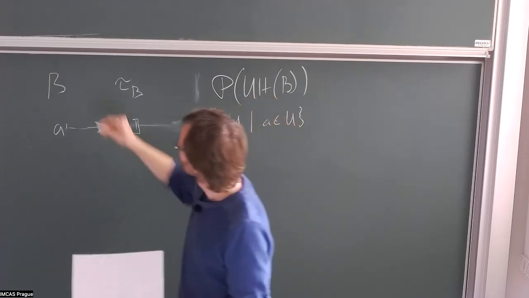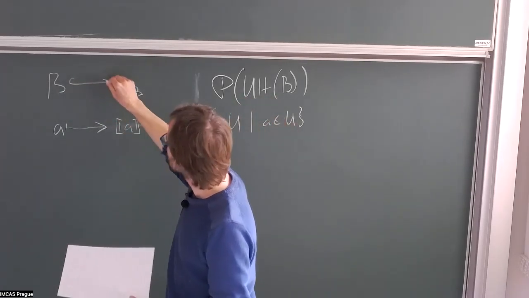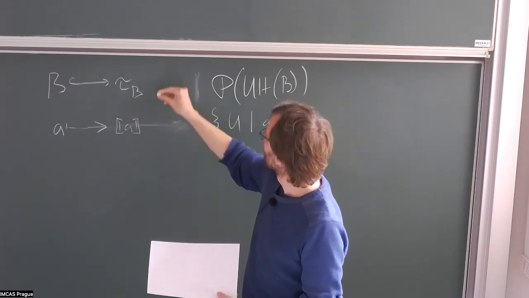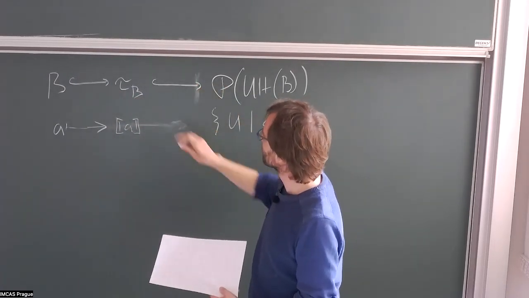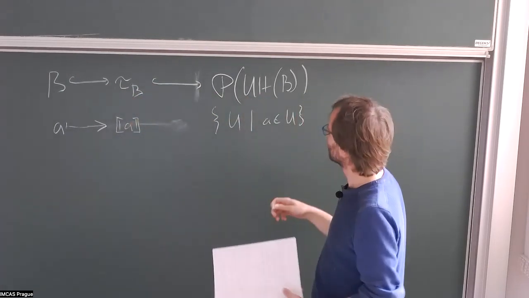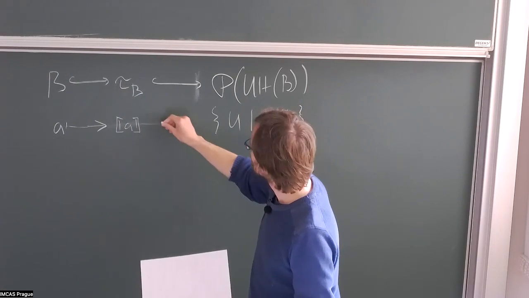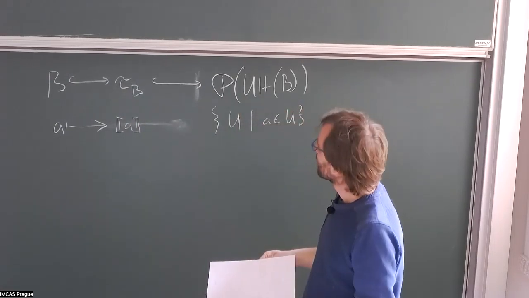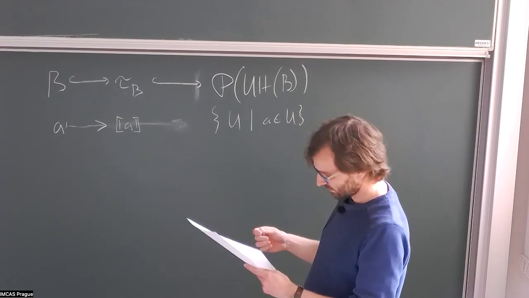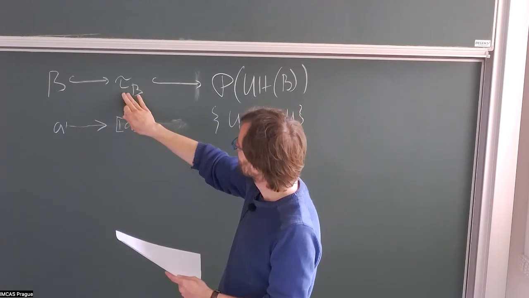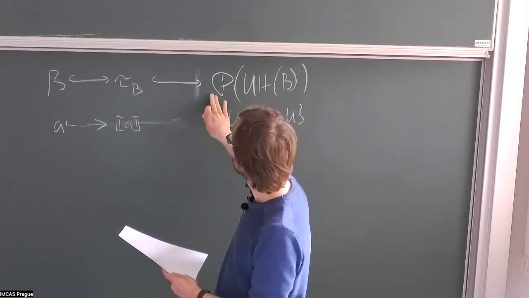So actually, this embeds into the topology of the Stone space of B, and then this again, and that's just inclusion. So open subsets are obviously just subsets of the space of ultrafilters. And now with this, all right, this is a lattice. These are Boolean algebras.